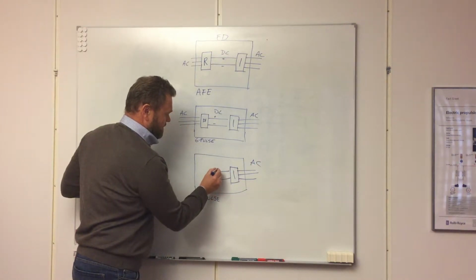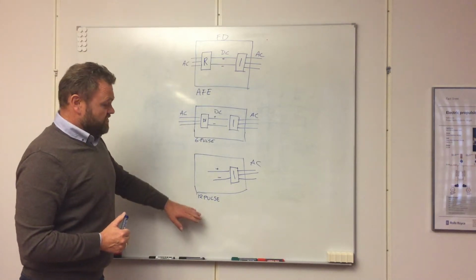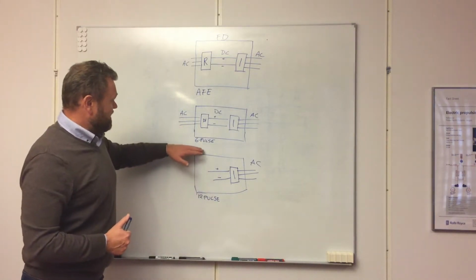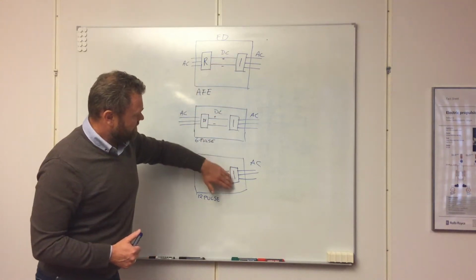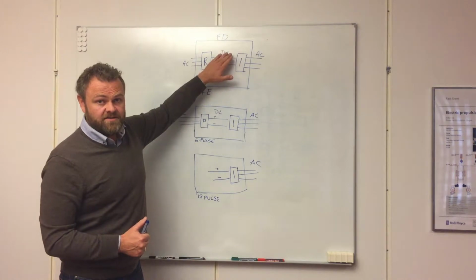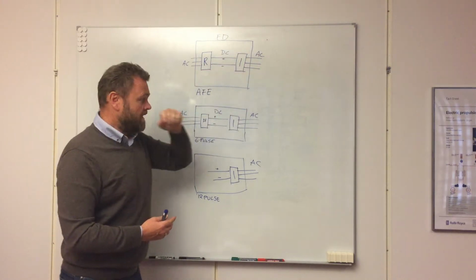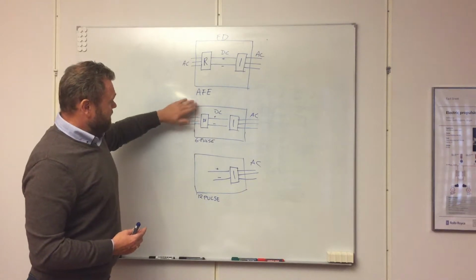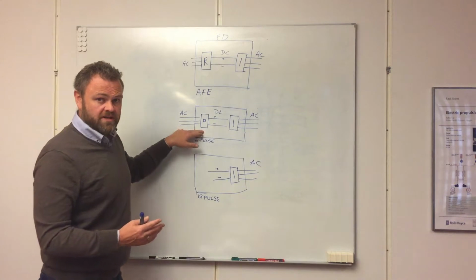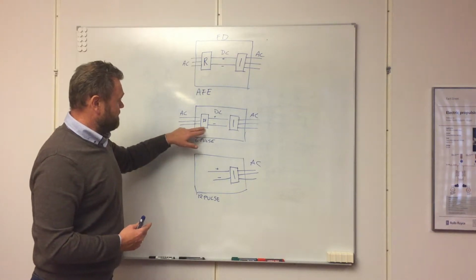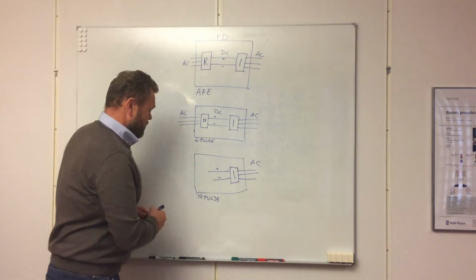So if you have 12 pulse, 18 pulse, 24 pulse, 6 pulse AFE, this part is exactly the same. The inverter part, making AC. So the difference between active front end and the passive components is that we have diodes here, and we as well have diodes over here.